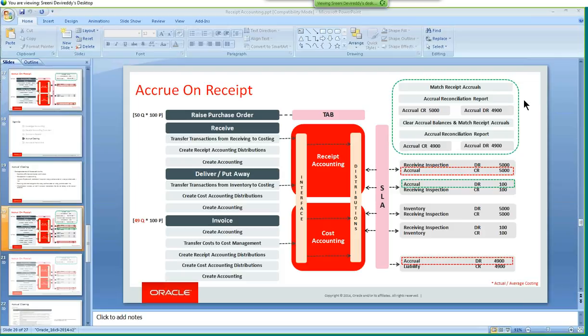In case tax is enabled, is it part of landed cost? Will it wait for the landed cost session? So if the tax is enabled, it has nothing to do with the landed cost. Okay, let me back off on that statement. It depends on where the tax is being captured.